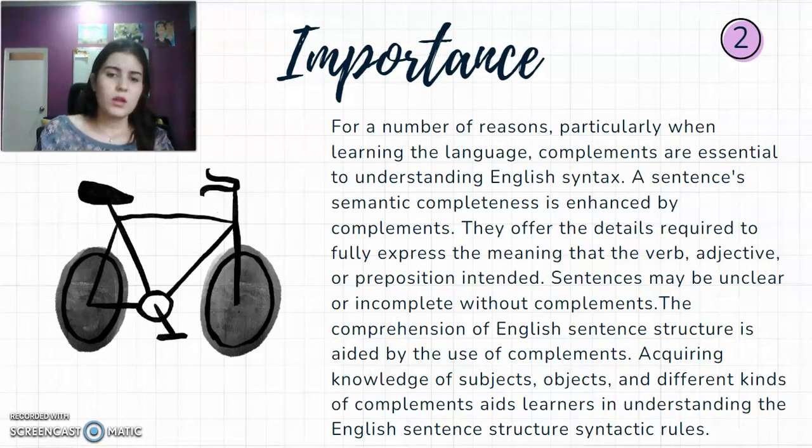Acquiring knowledge of subjects, objects, and different kinds of complements aids learners in understanding English sentence structure and syntax rules. In the same way, we always have to learn rules for everything. Learning a language is not a section.